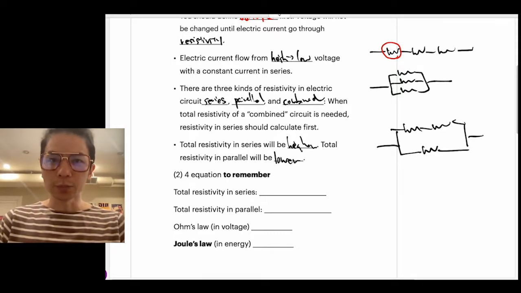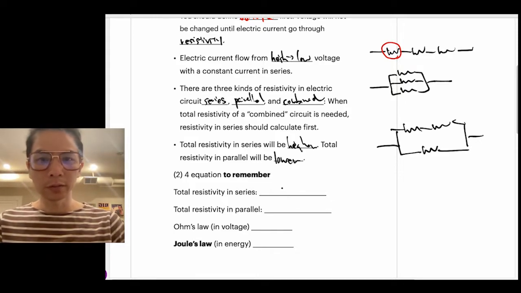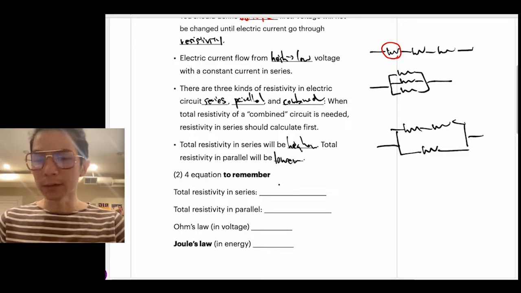The idea is pretty simple, and the equations to remember are also simple. First, how to calculate the total resistivity in series.